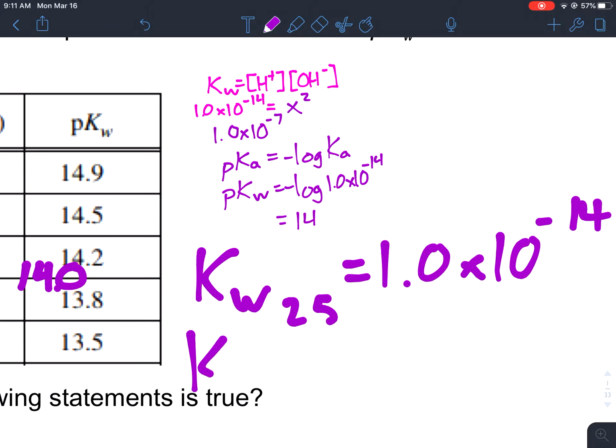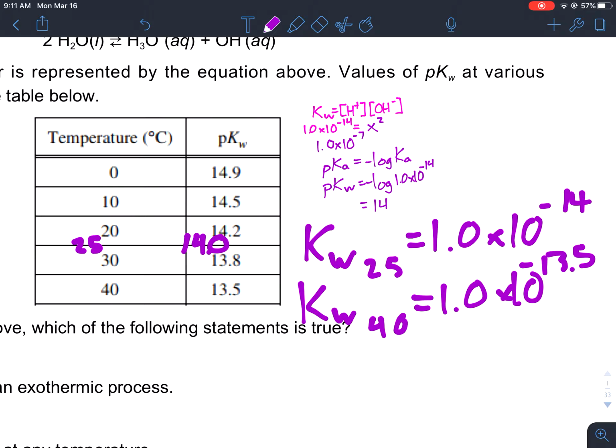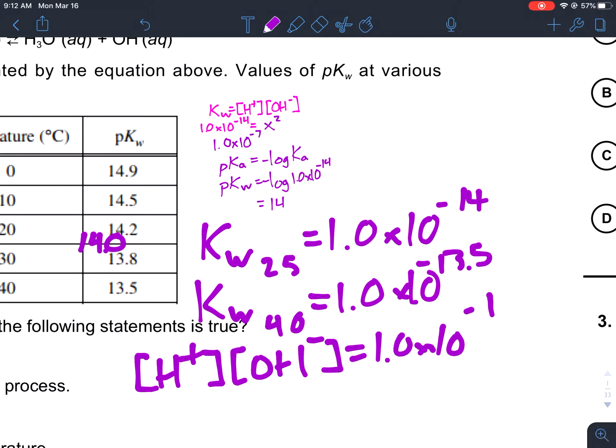But the Kw at, let's say, 40, according to the table, is equal to 1.0 times 10 to the negative 13.5, right? Now, that still means that the concentration of H plus times the concentration of OH minus is equal to 1.0 times 10 to the negative 13.5 at that temperature.